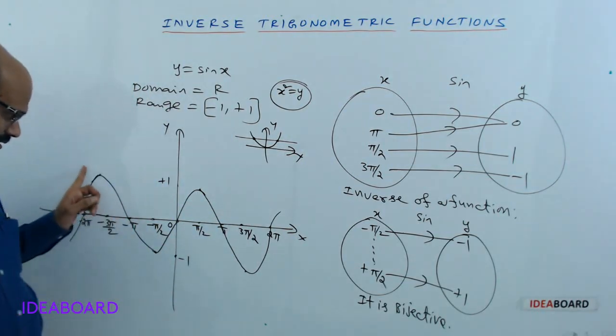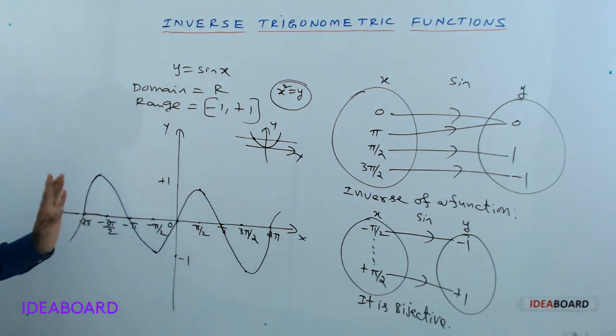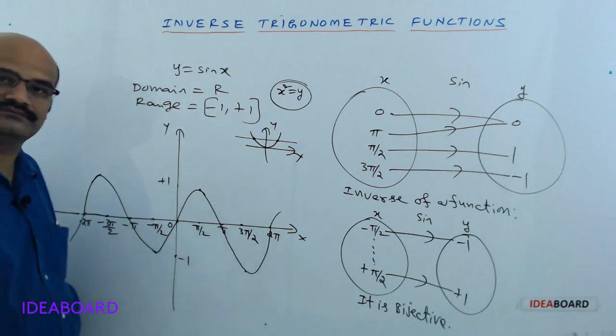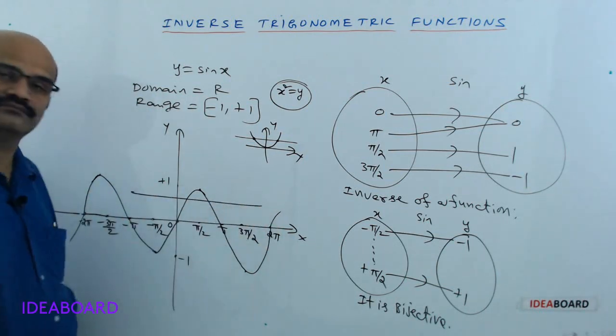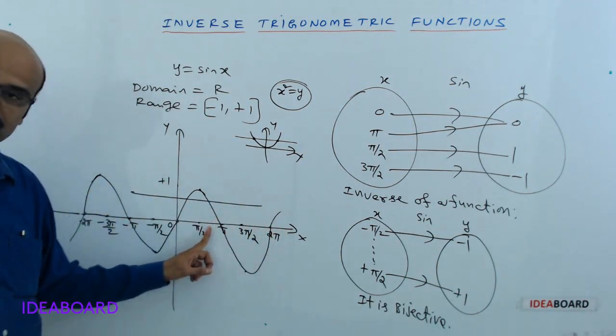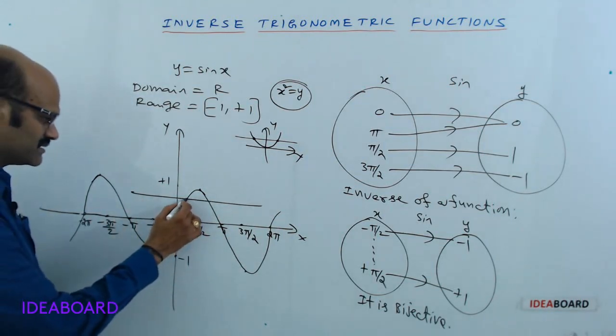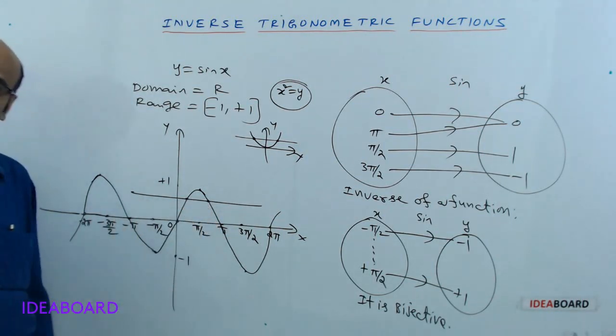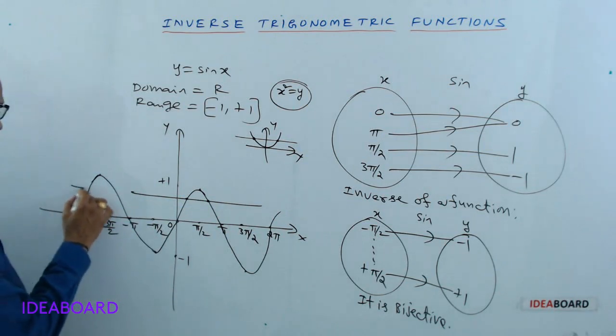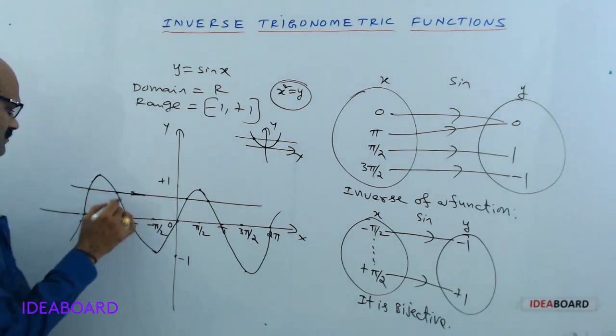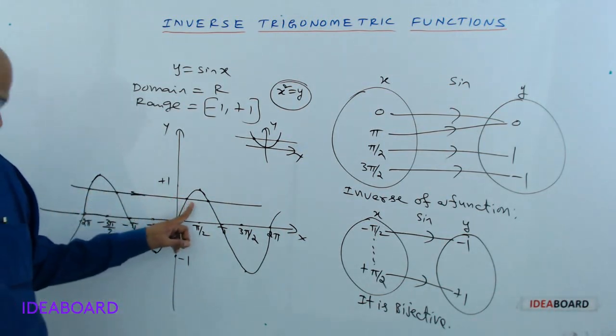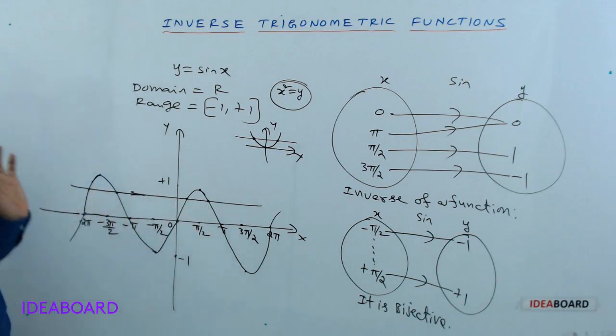Similarly, in this graph, if you draw a line parallel to the x-axis, it cuts at more than 1 point, and even if you extend, it cuts at 4 points.